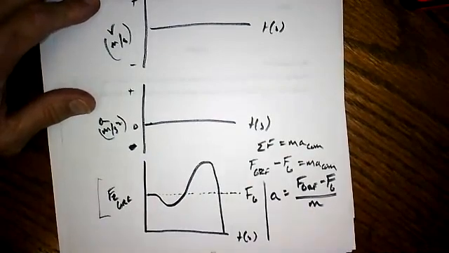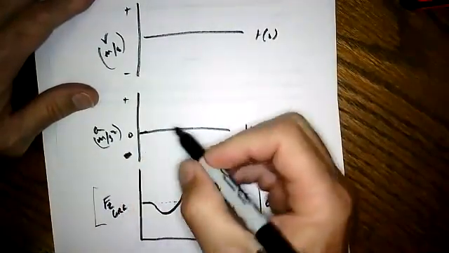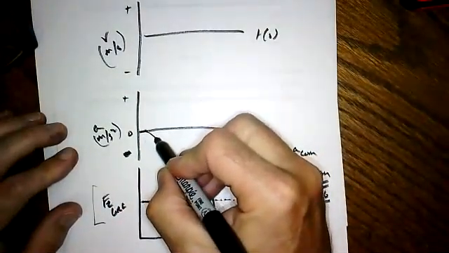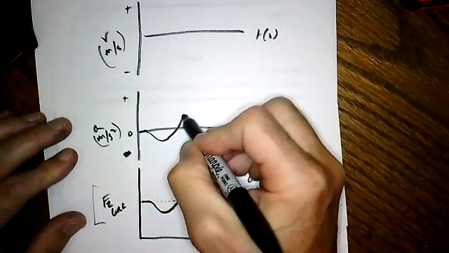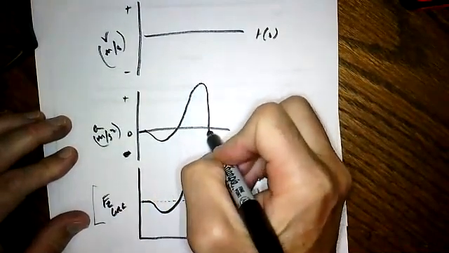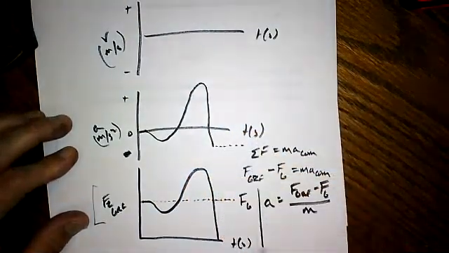In fact, if we go through this entire process with our math, we will get an acceleration profile that will look just like our ground reaction force profile, shifted just a bit because it's divided by mass. Okay, just like that. And then we're off into the air at that point.